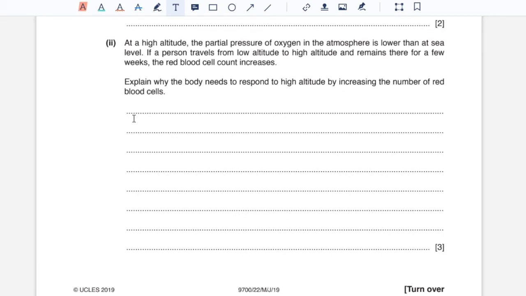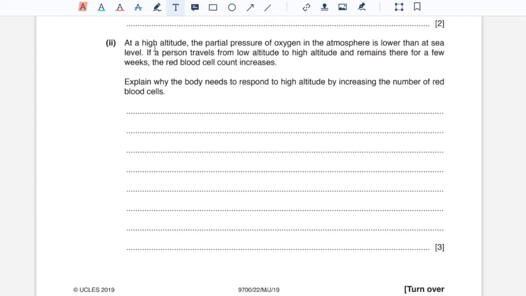2. At a high altitude, the partial pressure of oxygen in the atmosphere is lower than at sea level. If a person travels from low altitude to high altitude and remains there for a few weeks, the red blood cell count increases. Explain why the body needs to respond to high altitude by increasing the number of red blood cells.